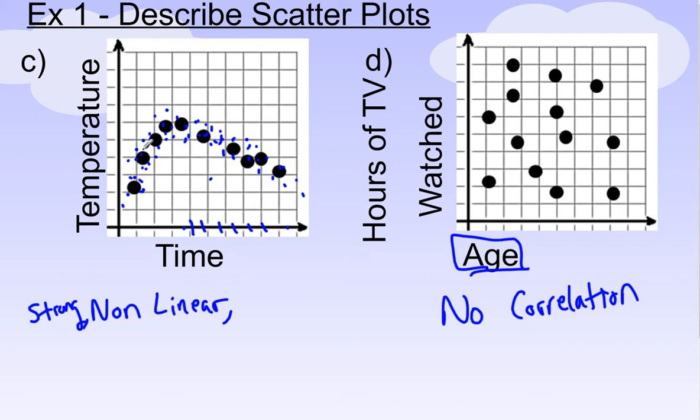And because the points are all pretty close together, this would be a strong nonlinear correlation. And if it doesn't follow a pattern at all, if there seems to be no line, nothing that you could draw that mimics the data, then it would have no correlation.